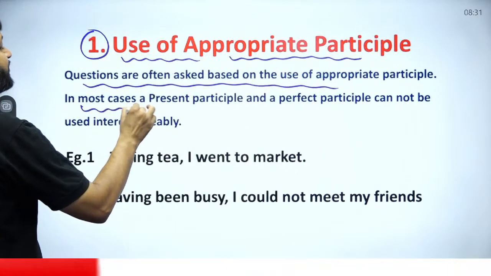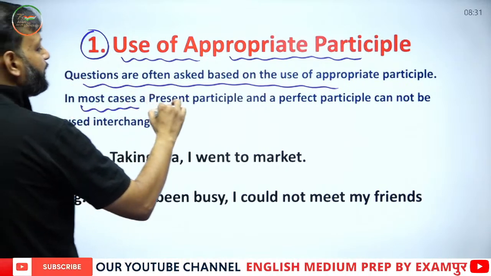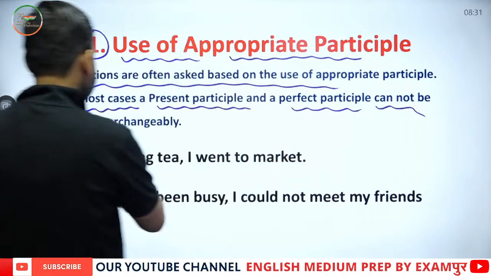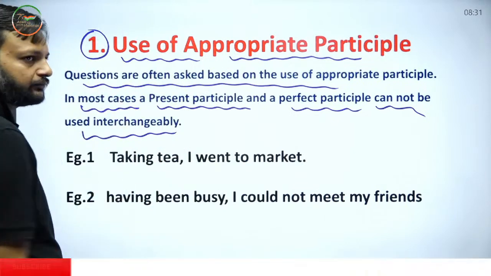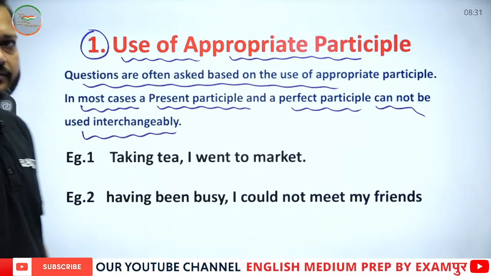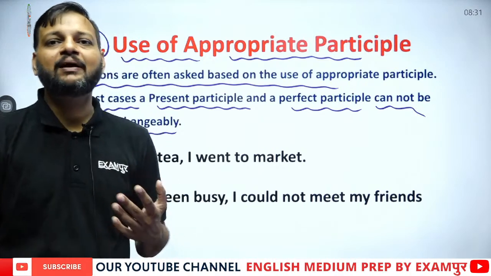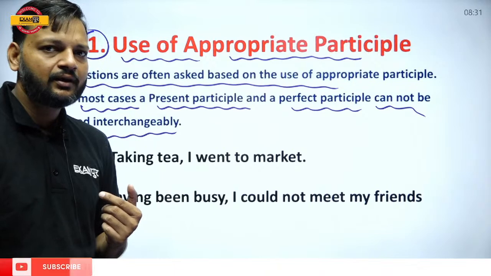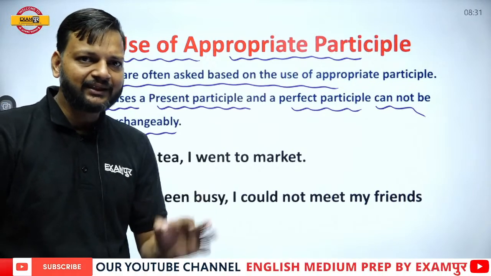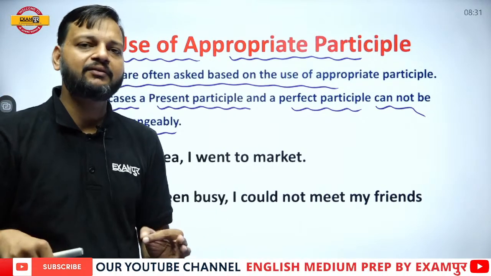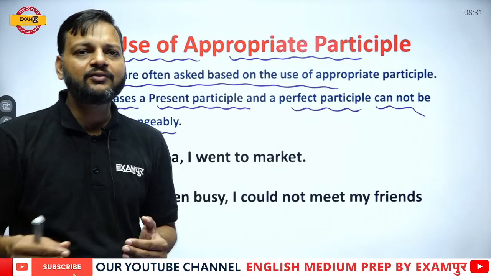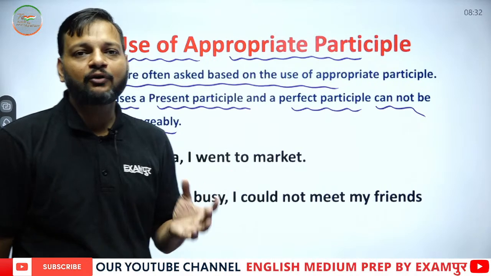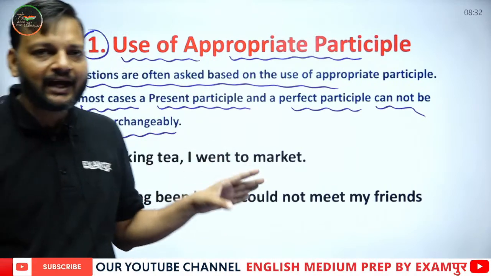In most cases, present participle and perfect participle cannot be used interchangeably. Means in a sentence where a present participle is needed, you cannot use perfect participle, and vice versa.